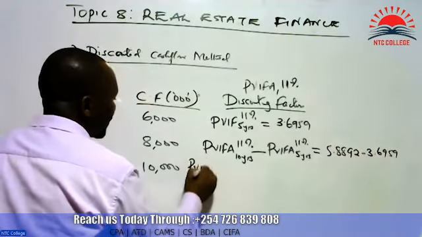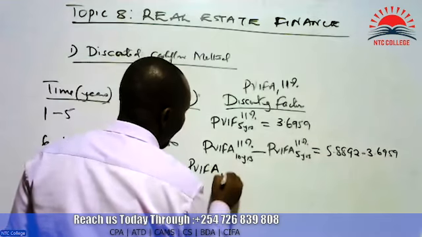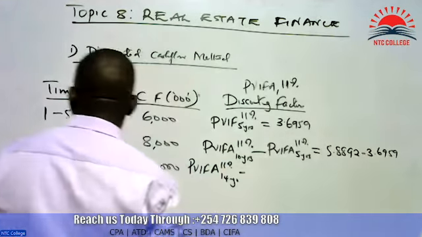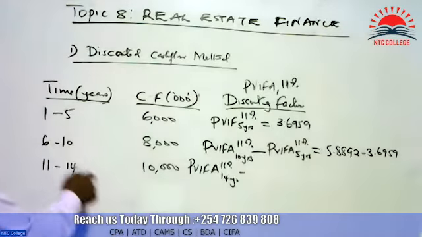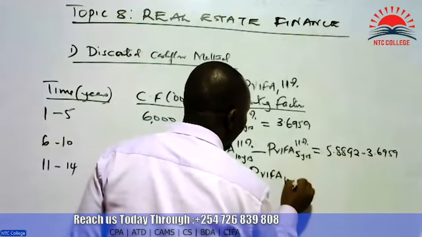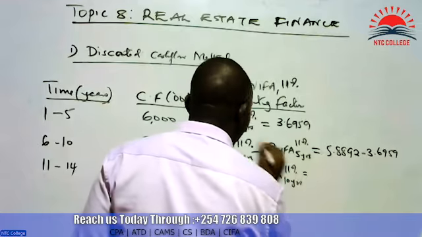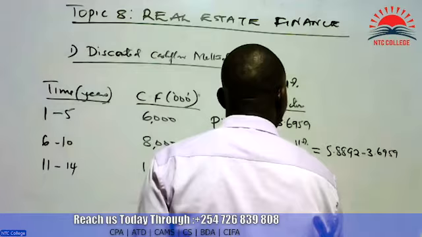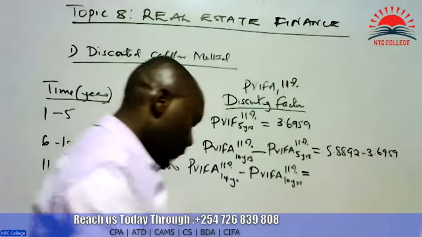Then you come for this one. Take PVIFA for the whole period up to 14 years. So that is 14 years, 11%, minus PVIFA for 10 years, because at least you have calculated up to 10 years. So take the one for 10 years, 11%. And for 14 years, what are you getting?